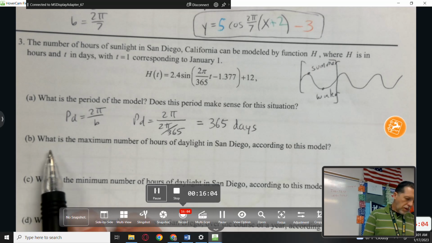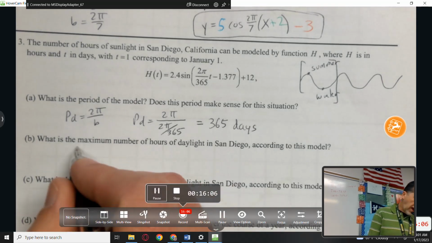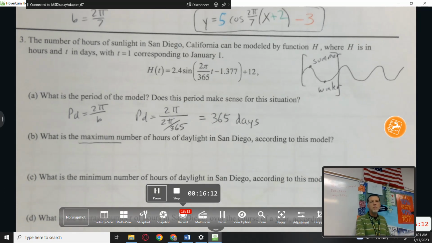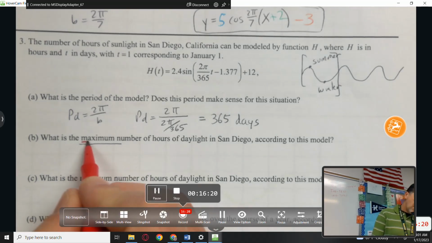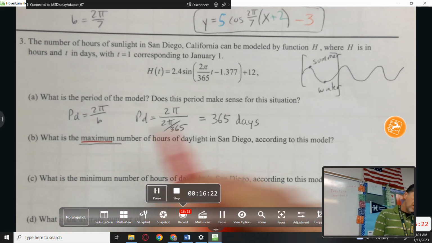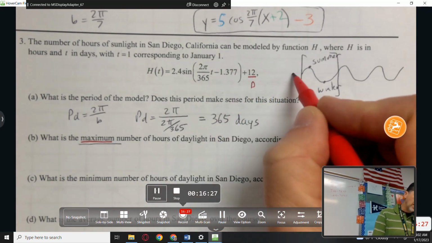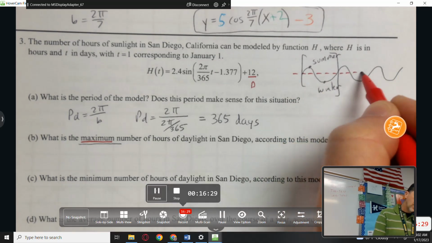Part B, what is the maximum number of hours of daylight in San Diego according to this model? So what's the maximum of that going to be? Can you figure that out? So 12 is the D, that's sort of the midline for this graph.